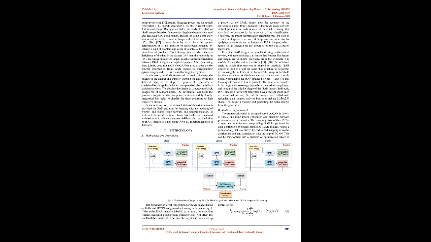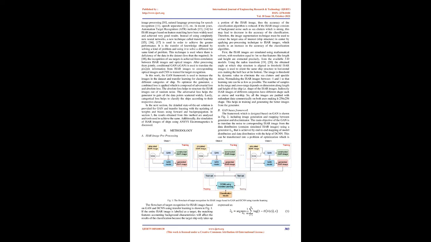If the ISAR image consists of background noise such as strong sea clutter, this may lead to a decrease in the accuracy of the classification. Therefore, the image segmentation technique must be used to extract the target area of interest, the SHIP structure, in the center by applying a pre-processing technique to ISAR images, which results in an increase in the accuracy of the classification algorithm.